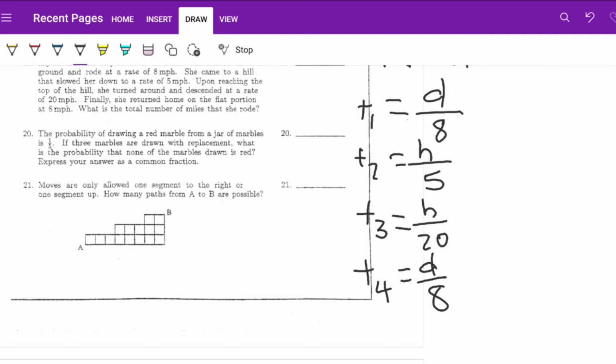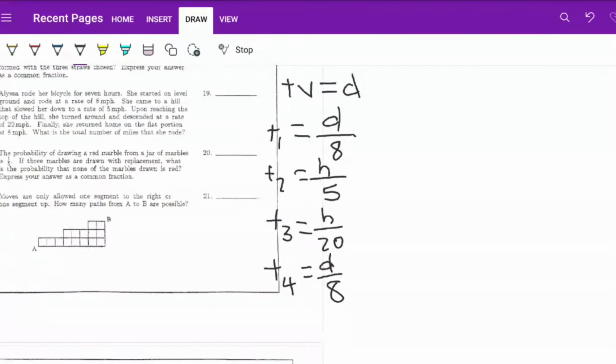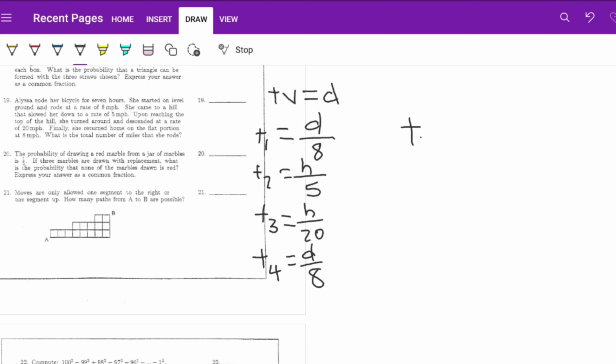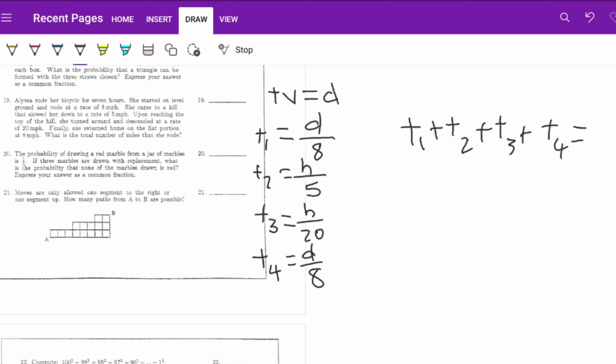Then you might be wondering, why do we have so many T's? Isn't that also a lot of variables? But you have to remember, she said she rode the bicycle for 7 hours. So if we add it up together, T1 plus T2 plus T3 plus T4 should be equal to 7.